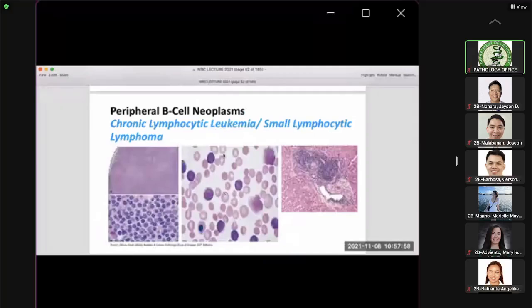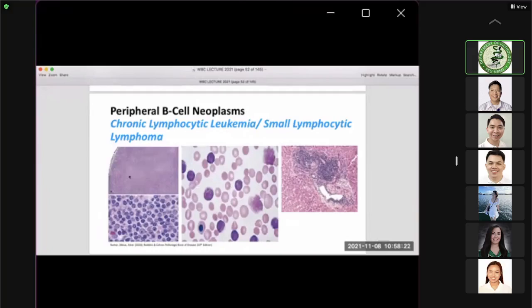So we have this tumor cells, not that big. Hindi ganun sila kalalaki. We have proliferation of tumor cells in the liver. That could happen, okay? Infiltration of different organ systems. This is coming from the lymph node.